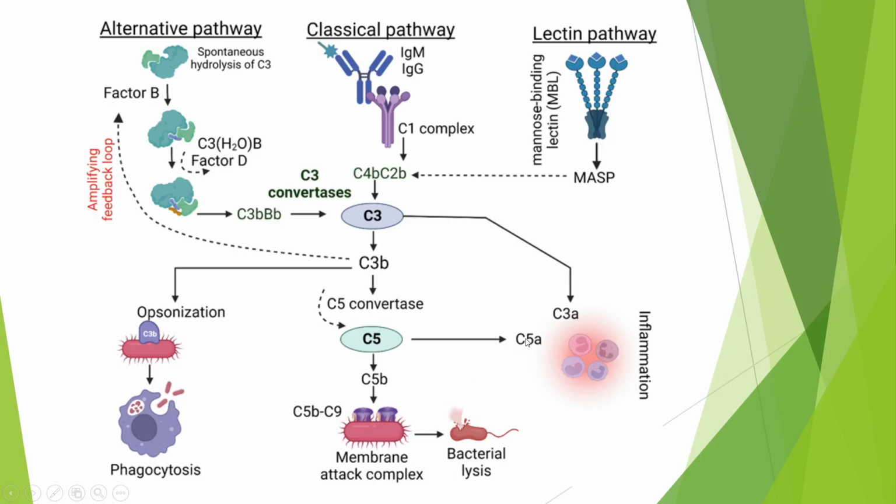Then C5a and C3a are the anaphylotoxins or inflammatory mediators. They trigger inflammation. So this is your basic complement system with three pathways: alternative pathway, classical pathway and lectin pathway.